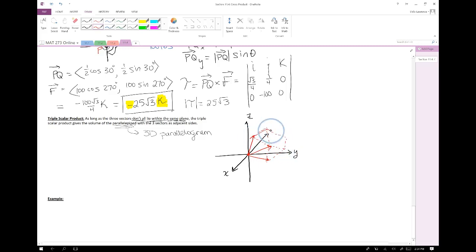So you imagine this box here, but what's special about this box is that all of the sides don't have to be perfect squares or rectangles. They could be parallelograms. So we've got these parallelogram sides. This is actually a little bit better than I usually do, but still not beautiful.